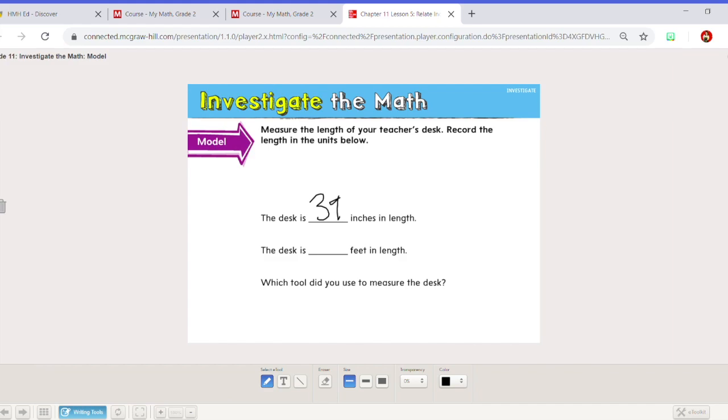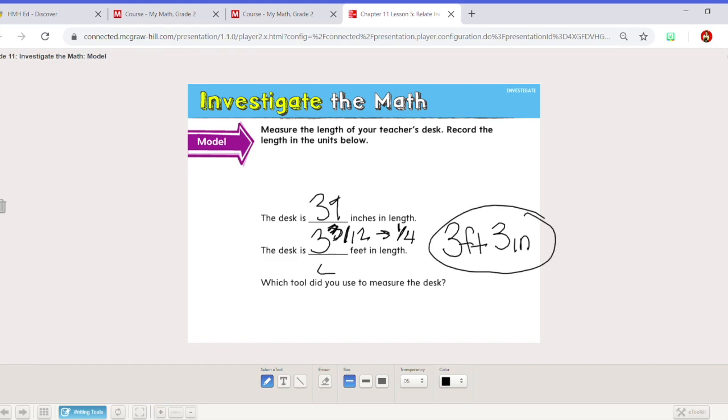So it's 3 feet and 1, 2, 3 inches. 3 feet, and there's different ways of writing it. You can say it's 3 out of 12, or you could say it is 1/4, or you could say 3 feet and 3 inches.